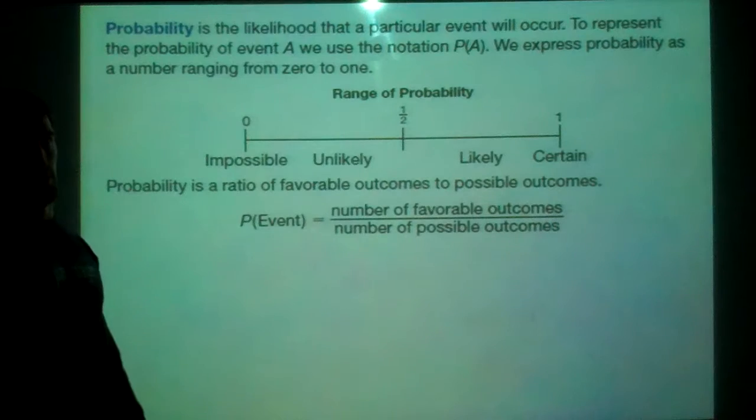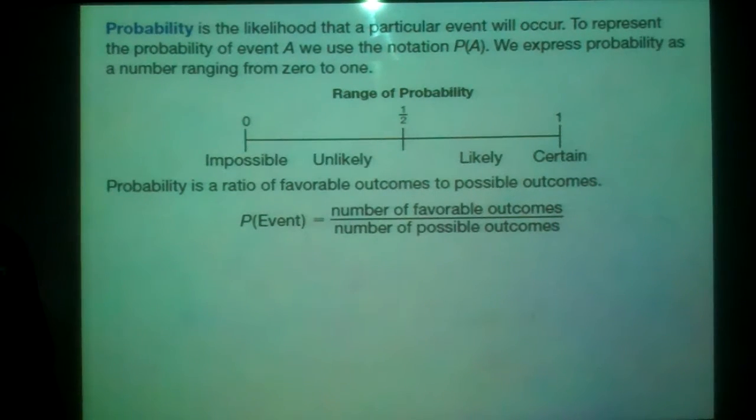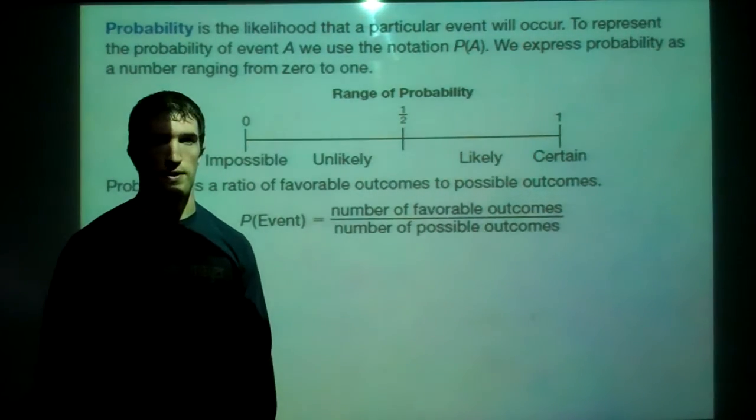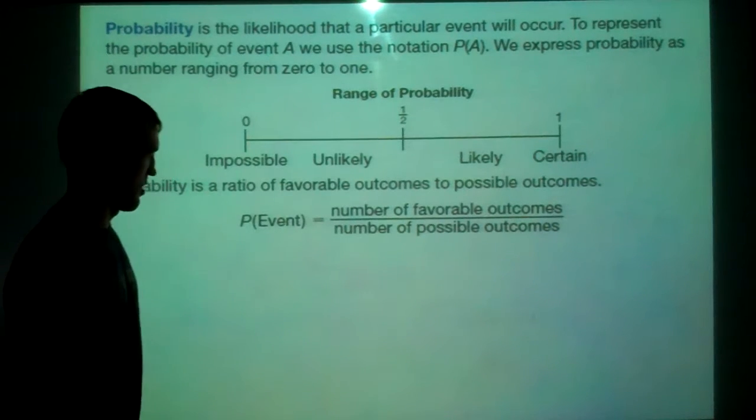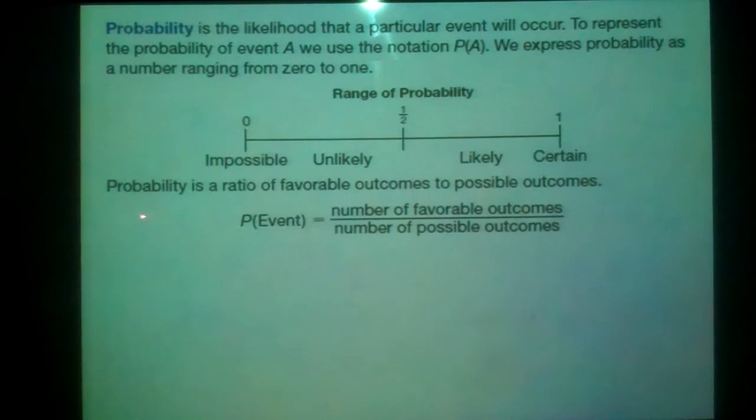So if we think weather, like a 20 to 30% chance of rain, it's not likely. It could still happen, but a good chance that it will not. Anything greater than half we would say is likely. And if you get a probability of 1, that's certain. That's 100% chance.